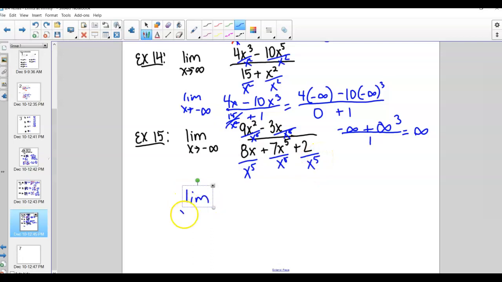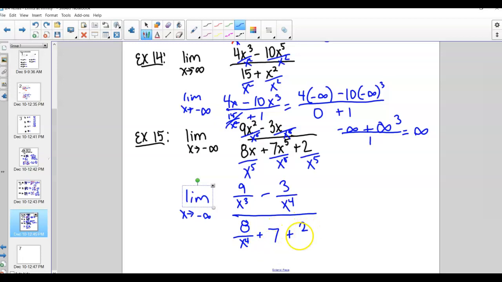The limit as x approaches negative infinity of 9 over x to the third minus 3 over x to the fourth over 8 over x to the fourth plus 7 plus 2 over x to the fifth. And anything with an x in the denominator, as x approaches that negative infinity, that value is going to approach 0.